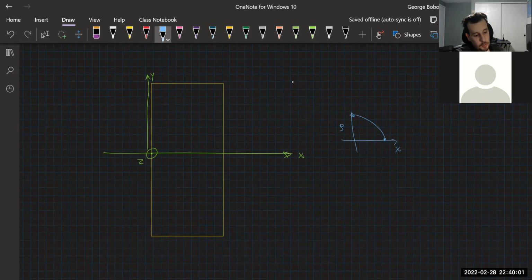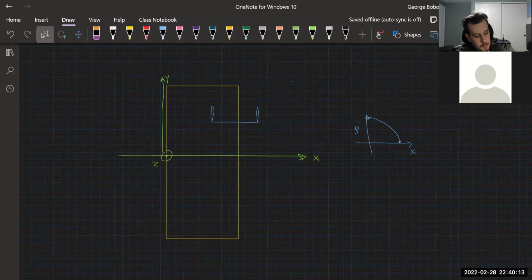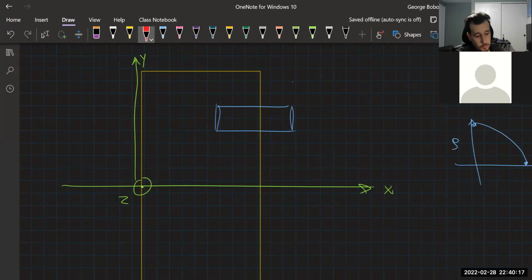If I put a Gaussian surface that looks like this, just a little pillbox, look at this one sec. This is incredible. Do you notice that this thing has extent in the y and in the z, but not in the x?